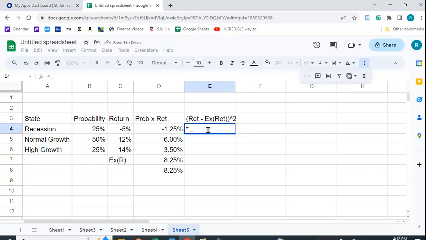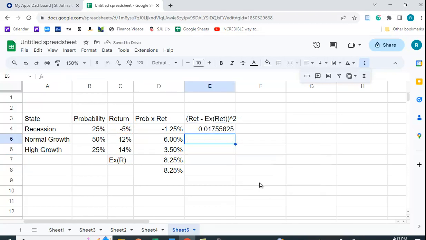So I'm going to say equals this value, let me put in a parenthesis, this value minus this, and I'm going to hit the F4 key to lock that cell, because when I copy it down I don't want it to change. And I'm going to hit caret 2 to square it.